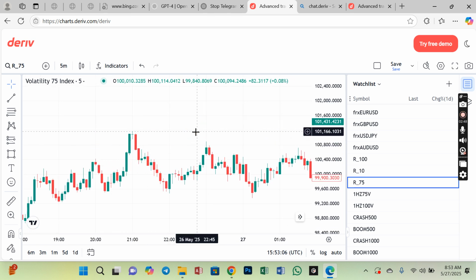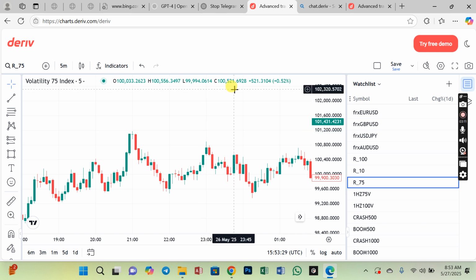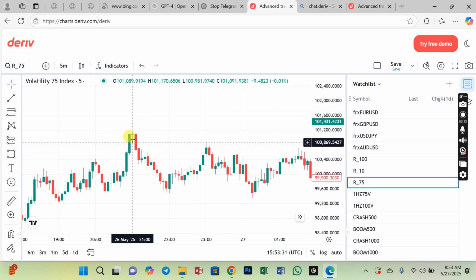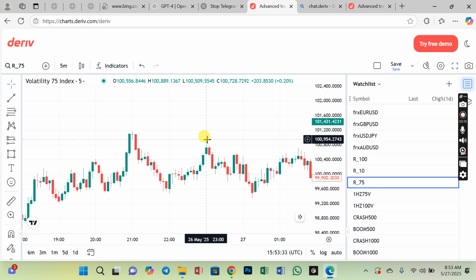But before we do that, let me tell us the qualities of a good order block. When you look at the market, there are a lot of order blocks in the market, but there are some that, if you look at them, don't play out.